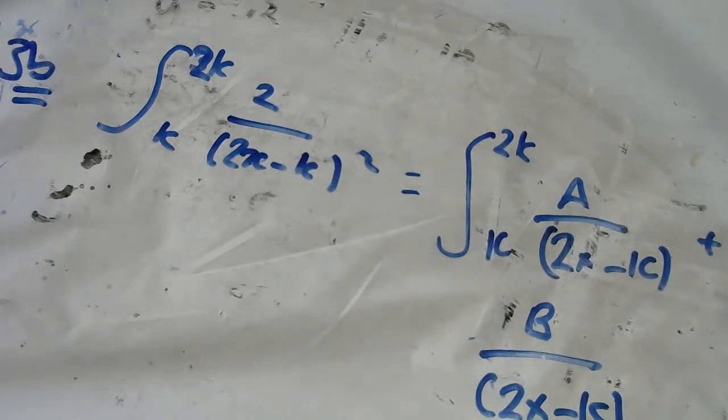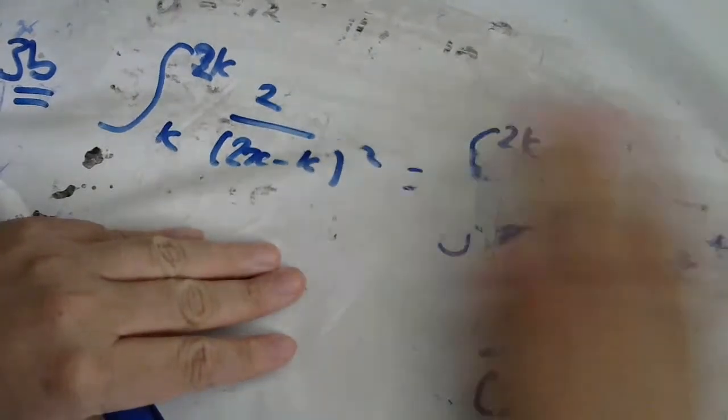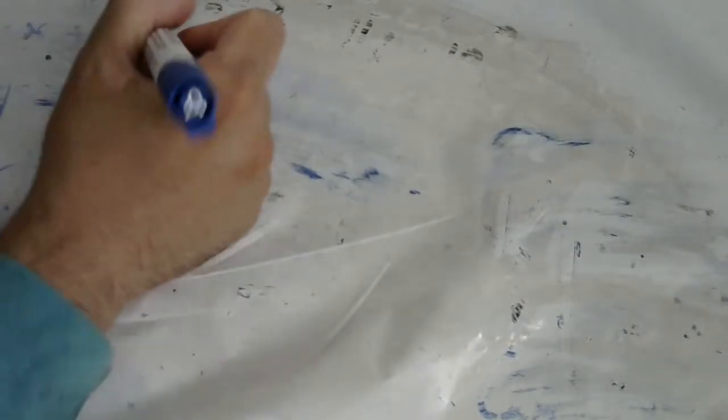I need to show you this really. So what I'm going to do is the algebraic long division, the partial fractions of this. So excuse the integral for a minute. Let me just turn it into partial fractions first, and then you can see how to handle integrating it. So what you had was 2 over, let's quickly check the exact formation of this, 2x minus k all squared.